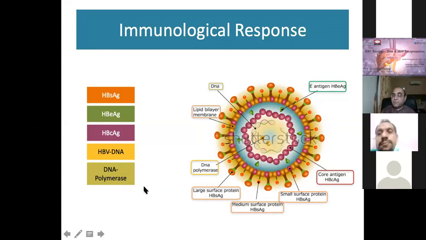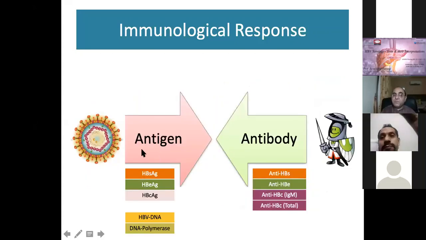And as I said before, the body responds by making antibodies against HBs antigen, the HBe antibody against HBe antigen, and in the acute phase it forms the IgM antibodies against this core antigen, and in the long term, it is the core antibodies.